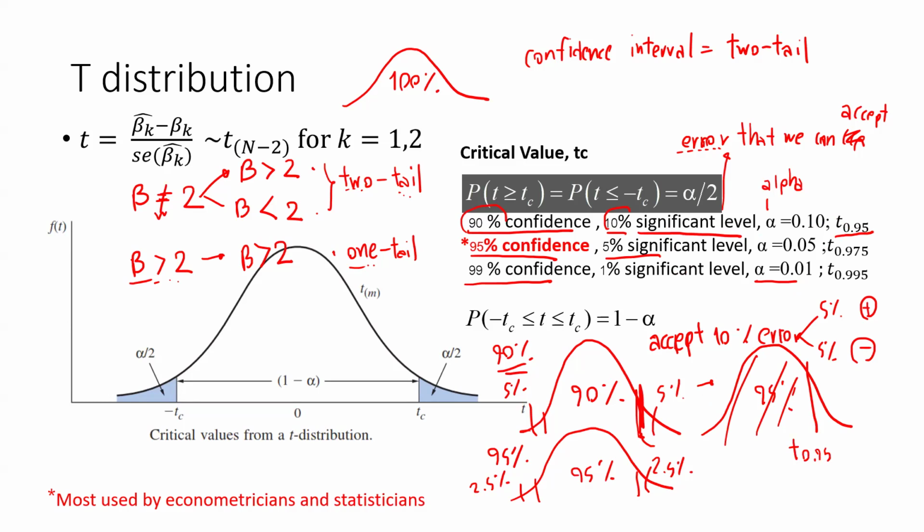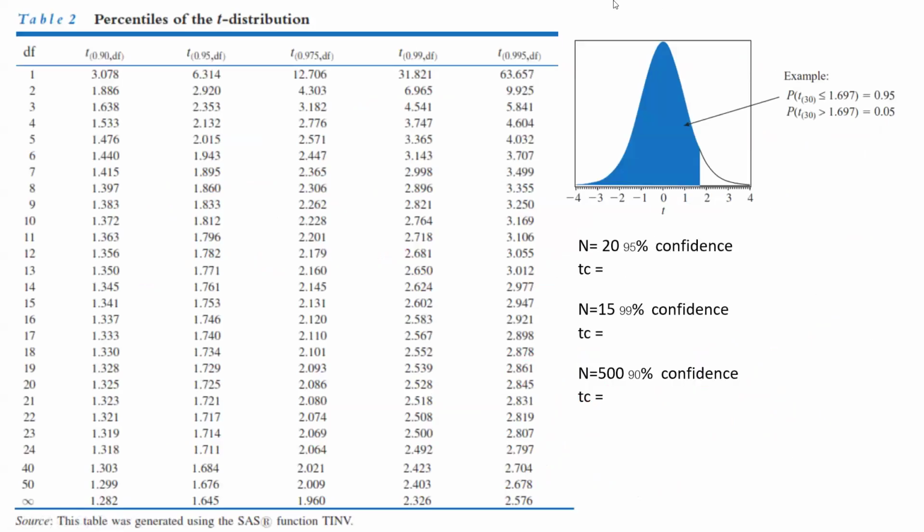Why? Because, let's see next slide. Because mostly T tables provide the data of this area. So we would like to get the T value of this point. So we try to know which area we have to open.